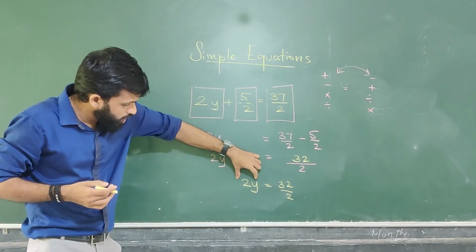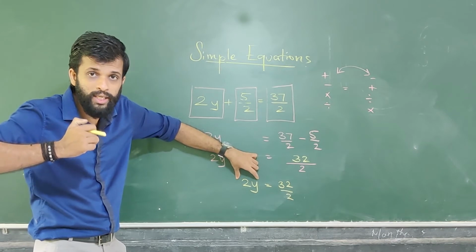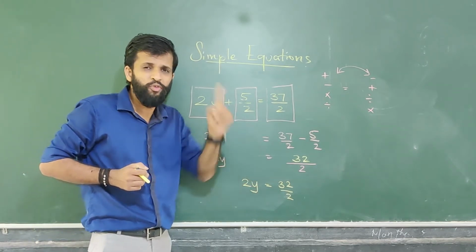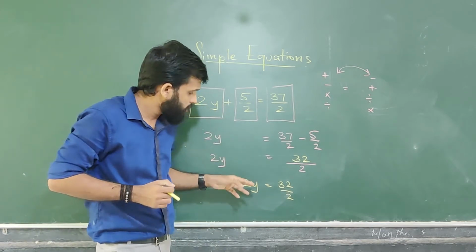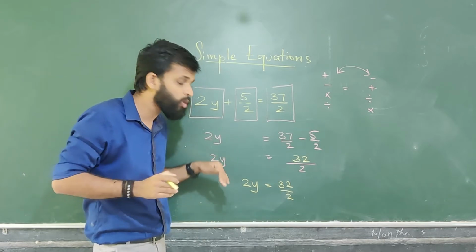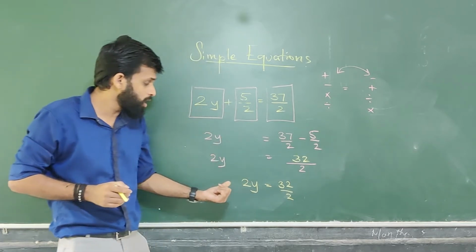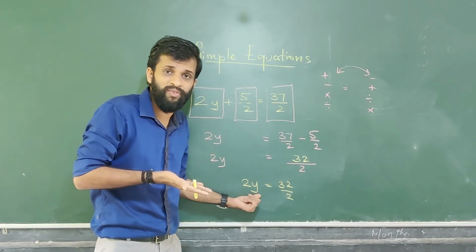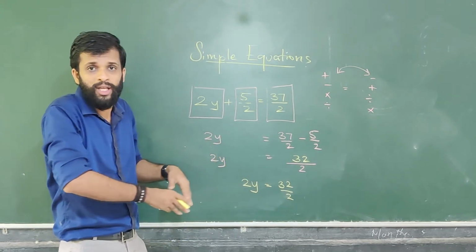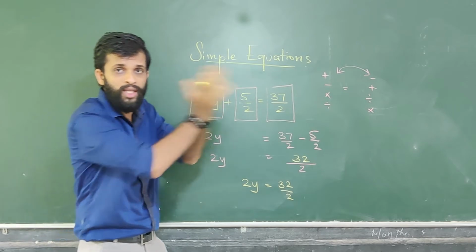Now I want to keep only the letter on one side. I don't want this number also. This is 2y. If you remember my first video, we were talking about that fan which was rotating, and I said 4 times, so 4 was multiplied. Here, 2 is multiplied with the variable, and I don't want a number multiplied with any variable. So let me send the number to the other side.